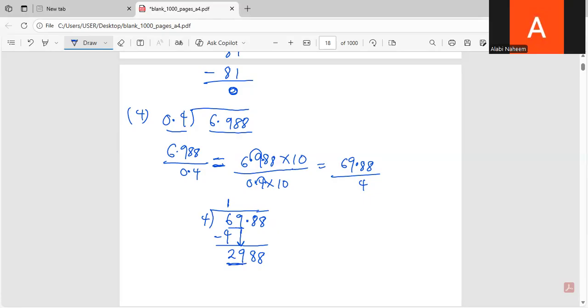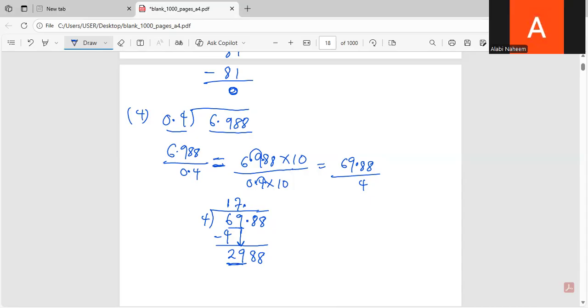So after saying 4 in 29, what does that give us? That gives us 7. Now put the decimal point. The decimal point is after the 9 we have here. After transferring the 9 downwards, after dividing 29 by 4, we have 7. It is then we put our decimal point because it is after the 9 here. That's how we place the decimal point.